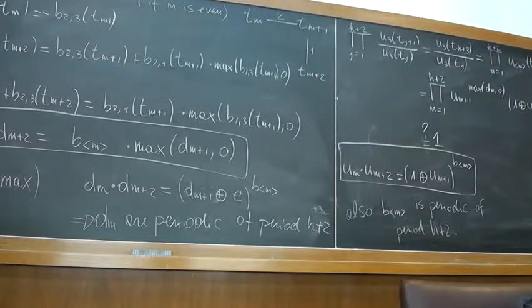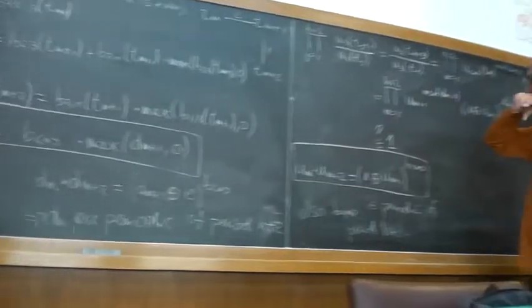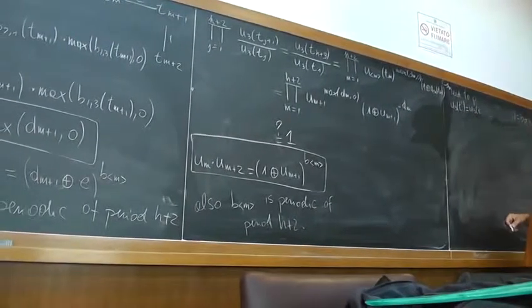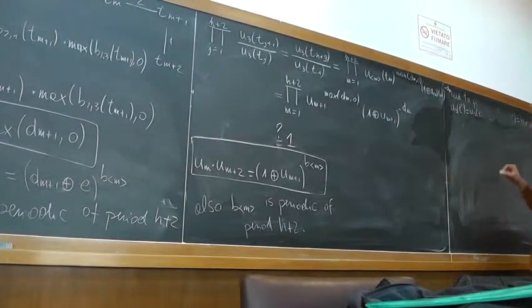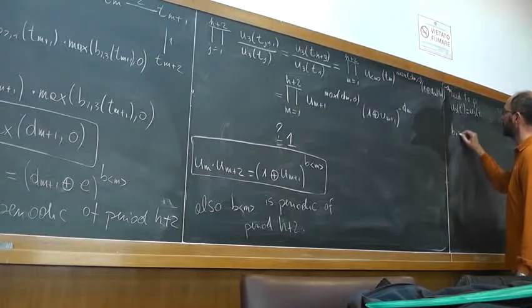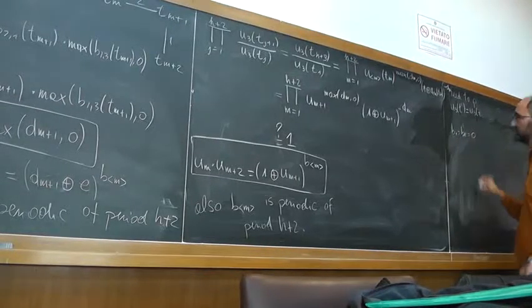Okay. So now we have to prove that this product is 1. We make before one special case, which is the A1 times A1 case, where B1 equals B2 equals 0.